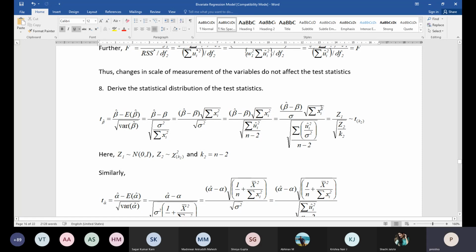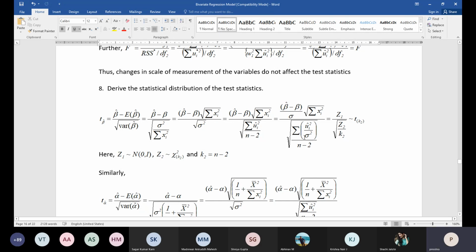If beta hat follows a normal distribution, then beta hat minus beta divided by this standard deviation of beta hat, basically this part, gives us the standardized beta hat. And if beta hat follows a normal distribution, then the standardized beta hat will follow a standard normal distribution.